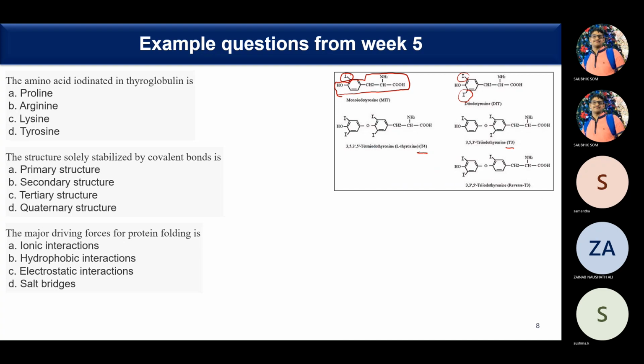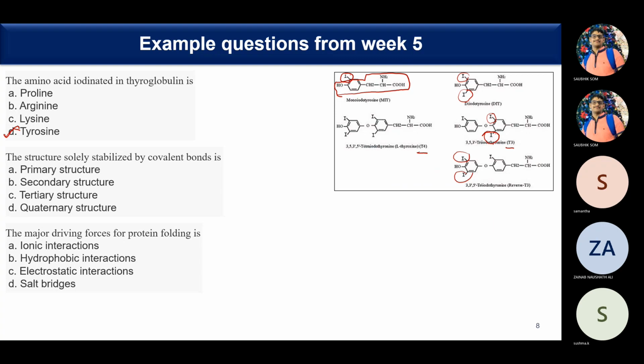There is also a reverse T3, where, as you can see, the two iodine groups are placed differently on this tyrosine. So basically the thyroglobulin protein has iodinated tyrosine.